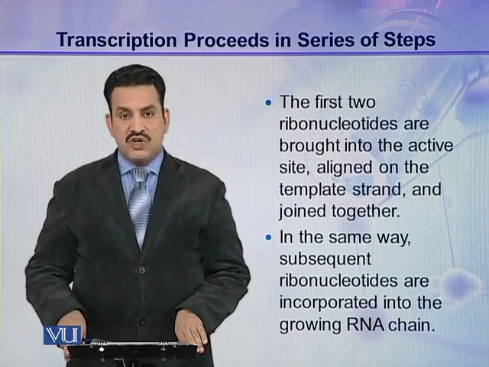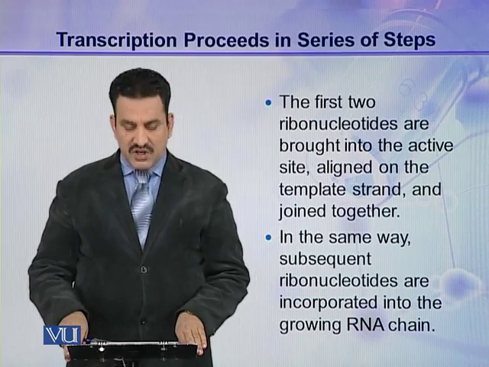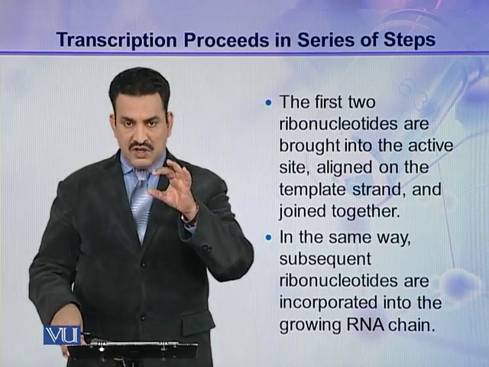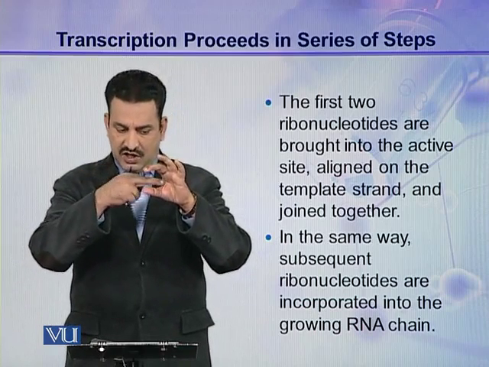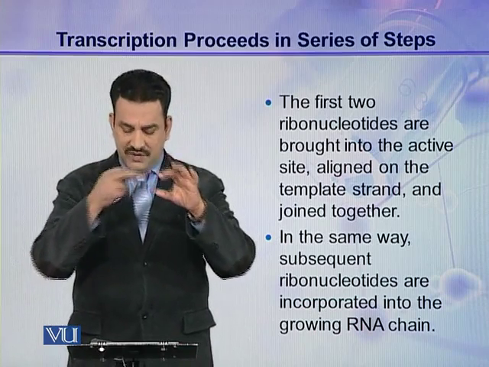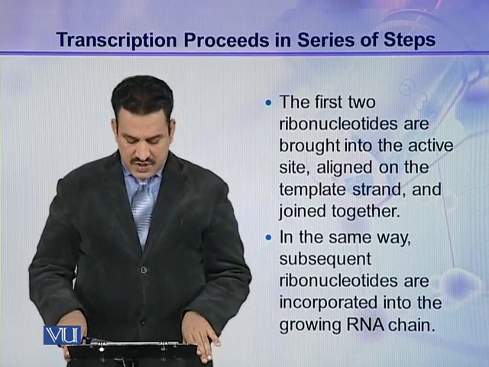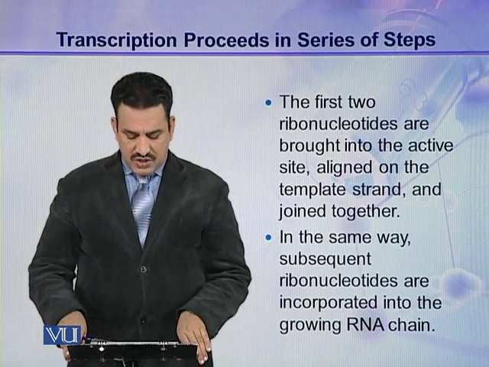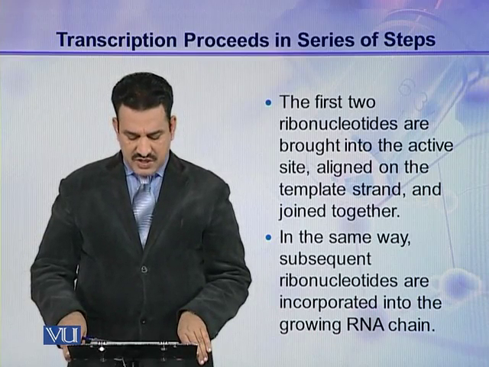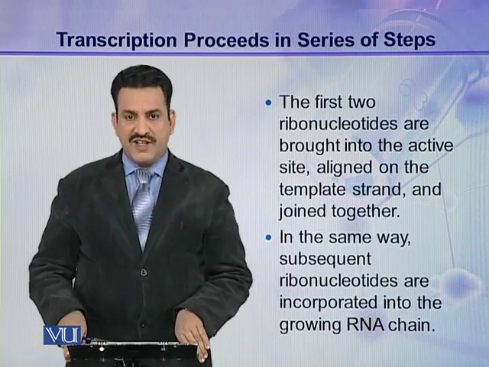The first two ribonucleotides are brought into the active site of the RNA polymerase, which, you know, is the cleft in the center of this claw. These two ribonucleotides are then aligned on the template strand and joined together.